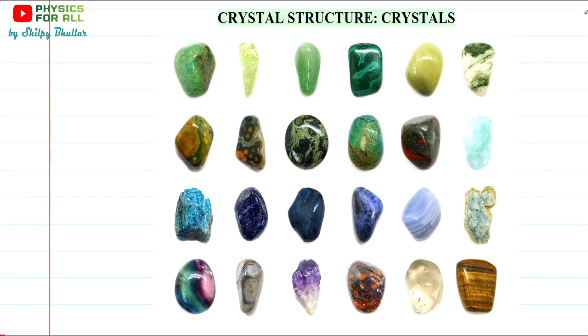Now you can see all these crystals appear to be different. They are exhibiting different shapes and colors, and if you can touch them, maybe the surface would be different. Some are quite smooth, some have rough texture, and in fact some would be lighter, some would be heavier.